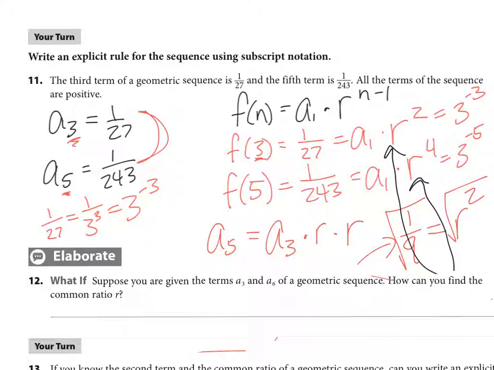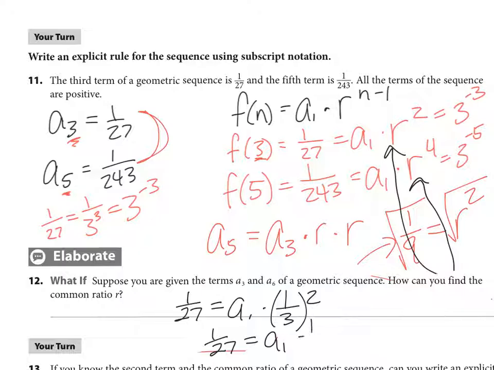We know 1/27th equals a1 times 1/3, that's our r, squared. What is 1/3 squared again? 1/9. How do I get rid of the 1/9? Multiply both sides by 9, those cancel.